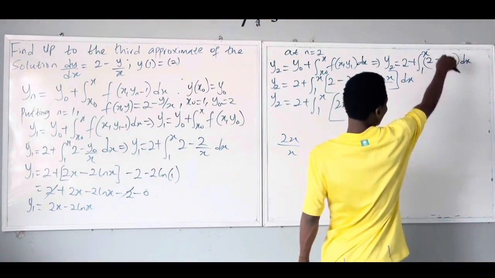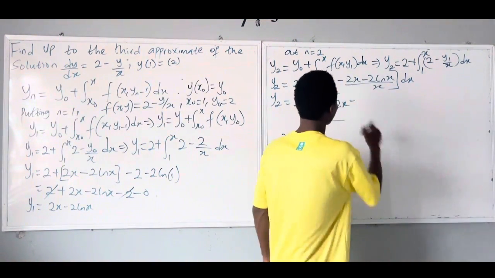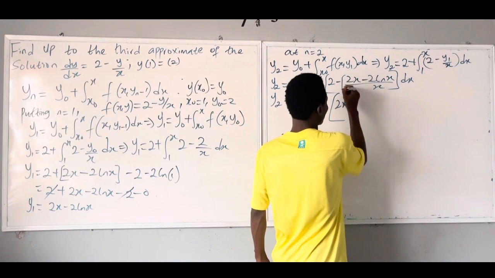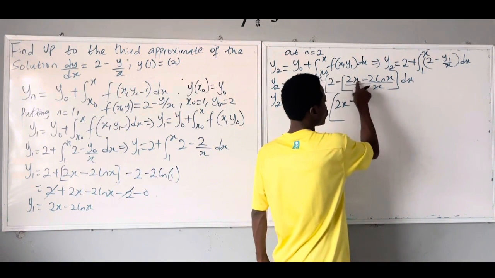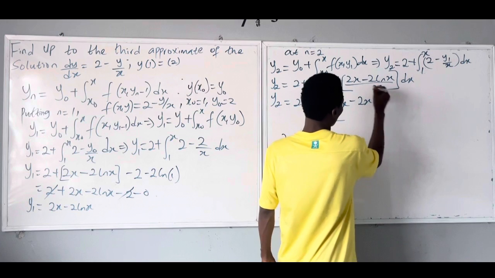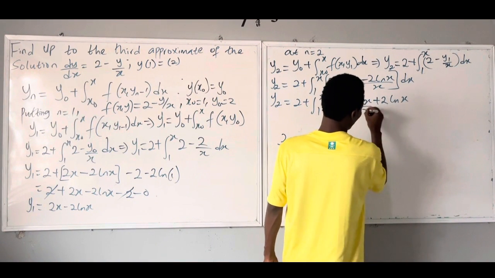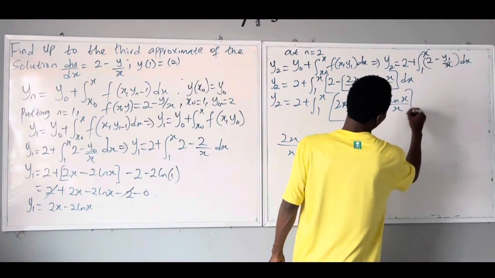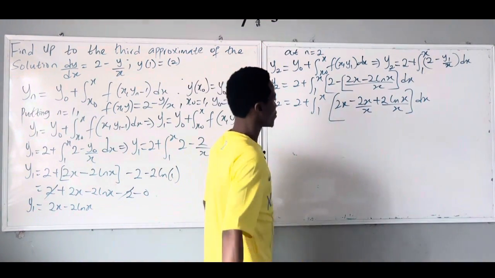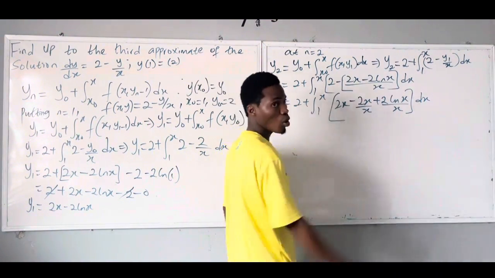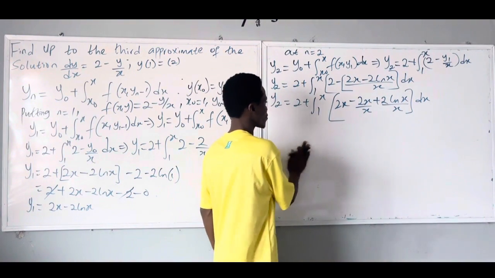This minus is affecting all values of y1. So this minus is affecting all this. So it means minus 2s plus 2 ln s all over s ds. Because this negative affects all values of y1 of s.